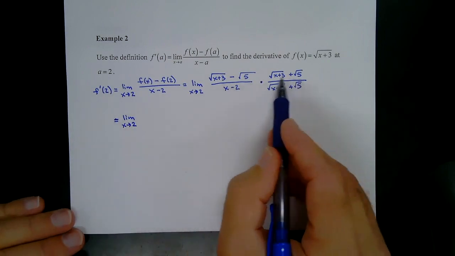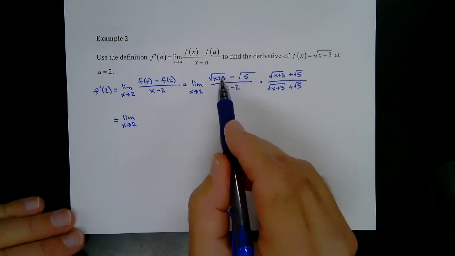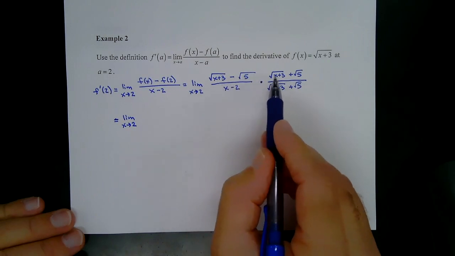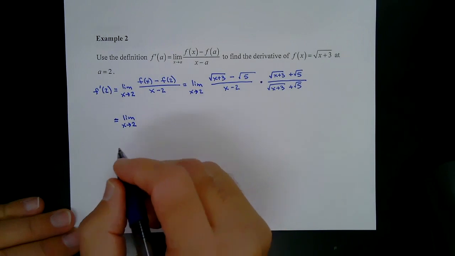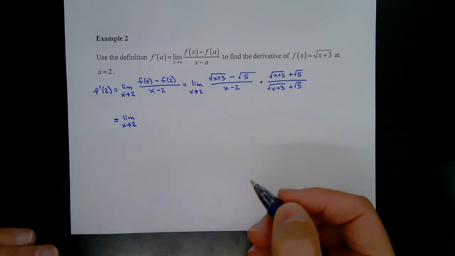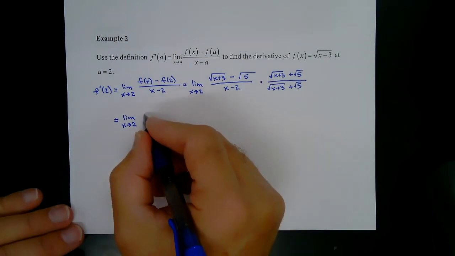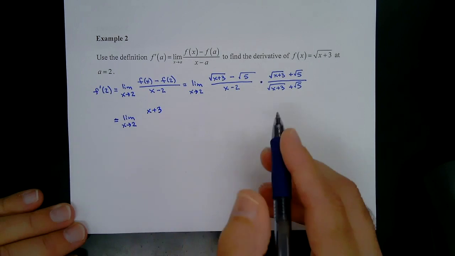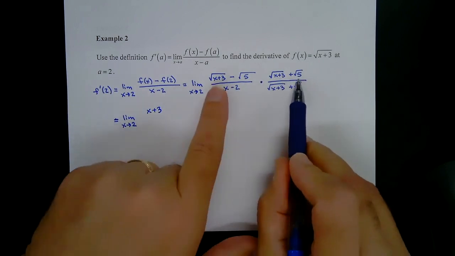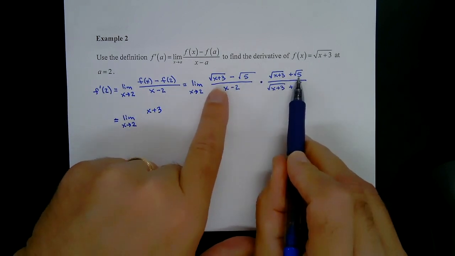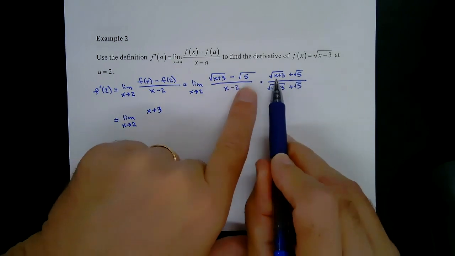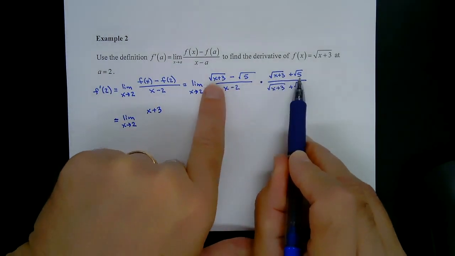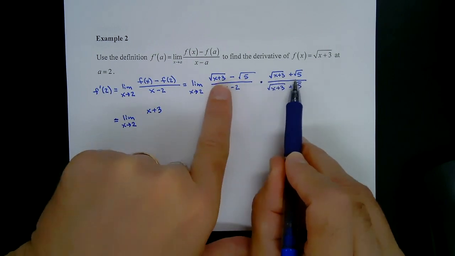Okay, so if you multiply this out, you're going to get the square root of x plus 3 times the square root of x plus 3, which would just be the square root of x plus 3 squared, or x plus 3. And here you're going to get positive square root of 5 times the square root of x plus 3. But here you're going to get negative square root of 5 times the square root of x plus 3. They're going to cancel each other out. Hopefully you can see that.